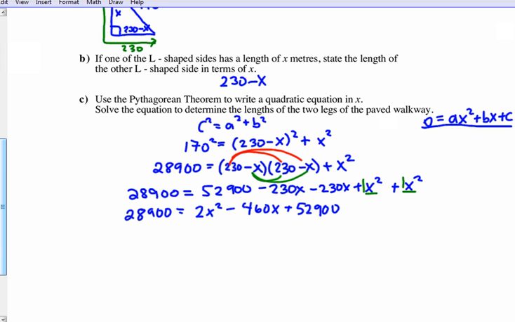So whenever we have an x squared and we want to solve, we always have to get everything to one side and set the other side to 0. So who do we have to move? The 28,900, right? We're going to subtract it from both sides.